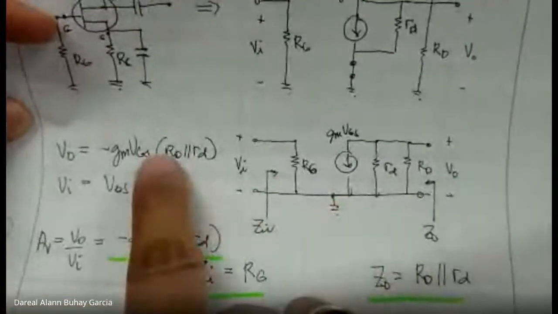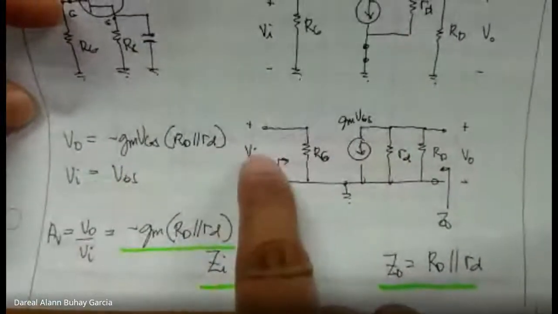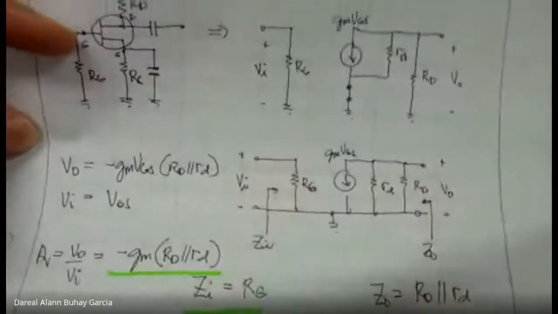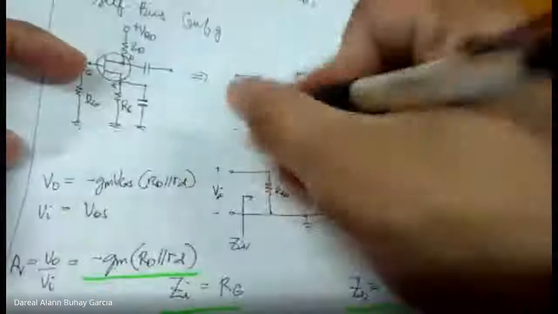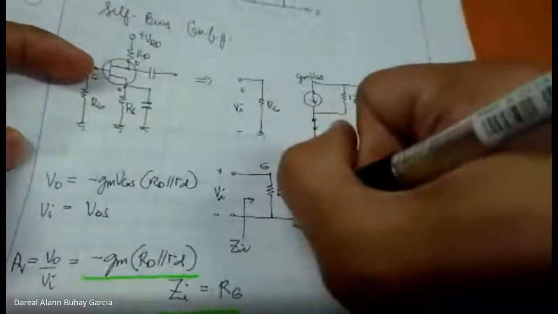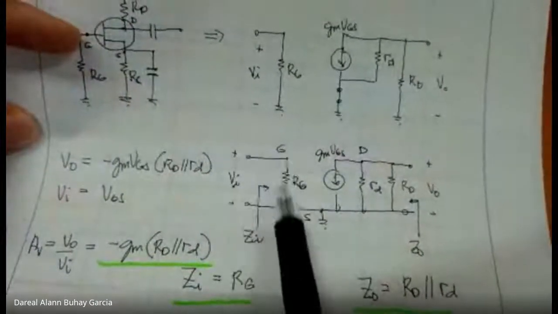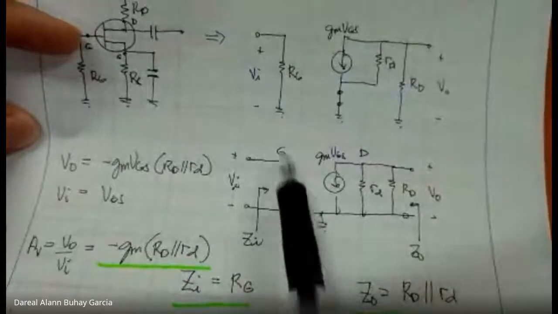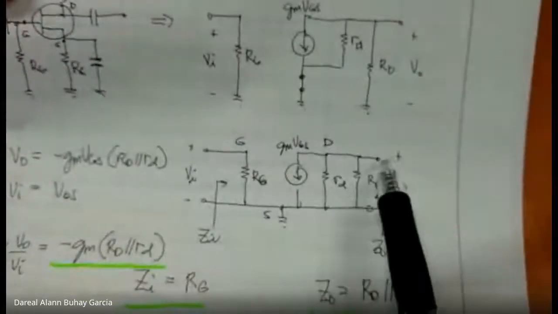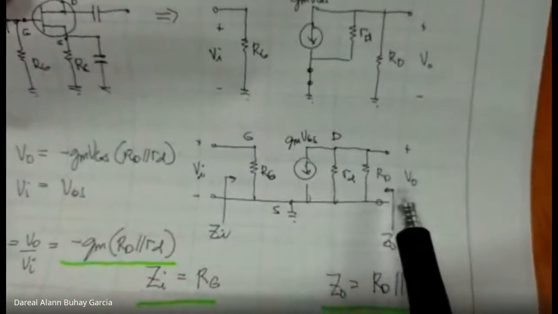And voltage gain is output over input. Input is clearly VGS, since the gate is the terminal. VI is just the voltage drop across RG, which is VGS. VO is current times resistance.